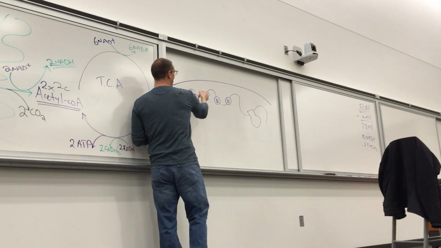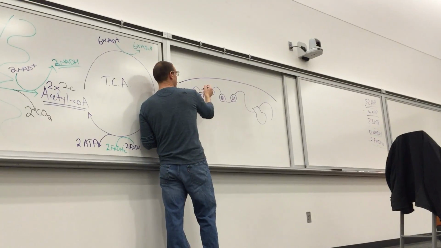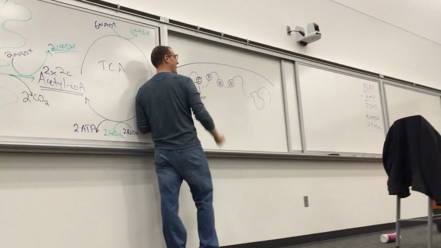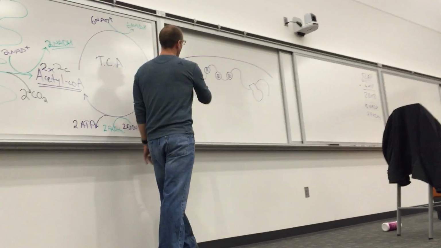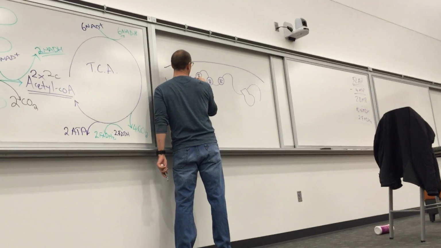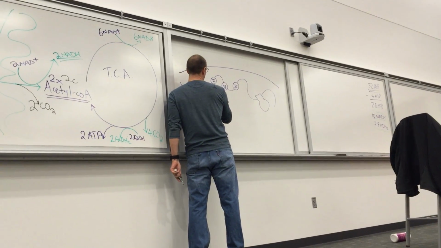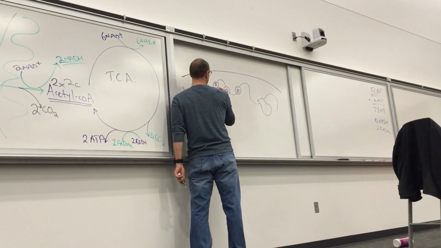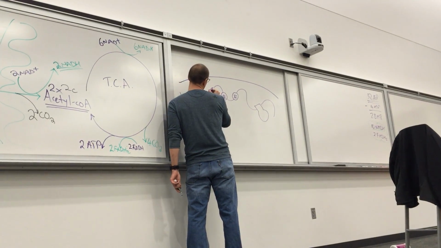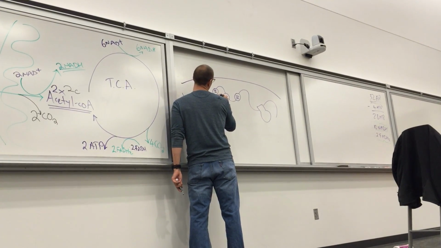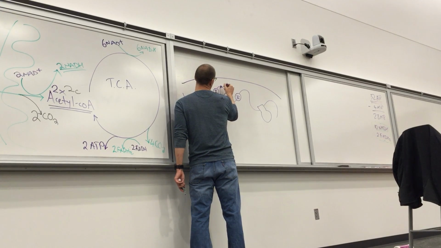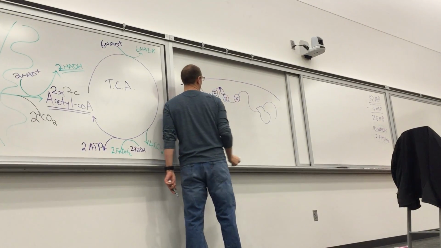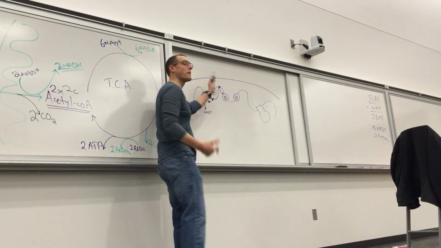The electrons go into complex 1. So this now carries a pair of electrons. The electrons get shuttled from complex 1. There are little transfer proteins which can move through the membrane. And so the electrons get transferred via these shuttles into complex 3. So 2, I'm going to come back to.